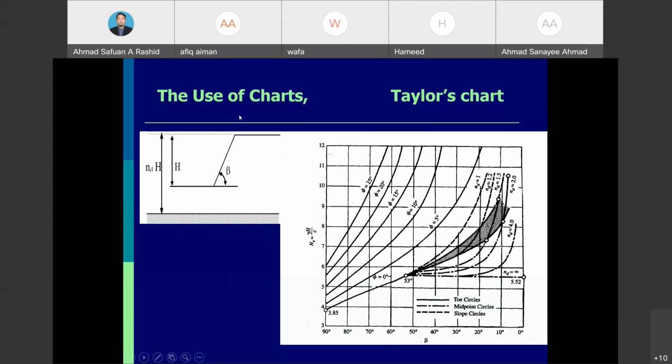While we have here ND, ND is also a ratio between the height from the top to the hard layer over the height of the slope. So how do they derive or develop this kind of dimensionless chart?